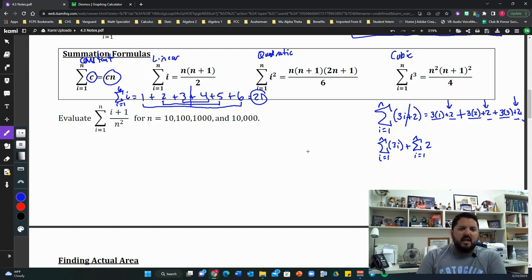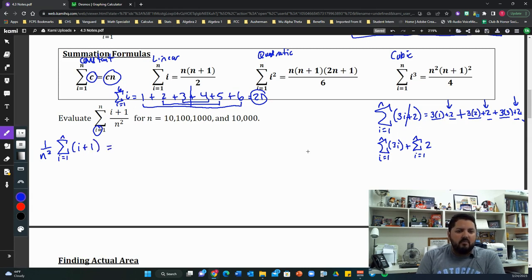The first thing I need to get out from the inside is the dividing by n squared part, because that is not controlled by my index. That would be a factor in every single term that I generate if I expand this out. So the first thing I'm going to do is rewrite this as 1 over n squared, pulling extra constants or factors that we're multiplying by out in front, times the sum from i equals 1 to n of i plus 1.